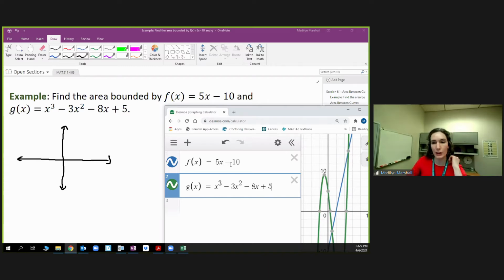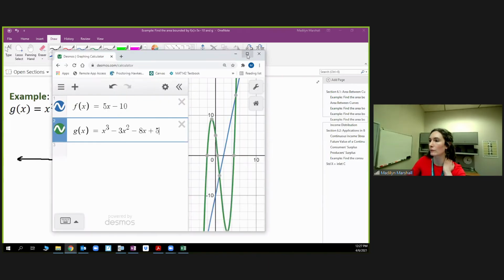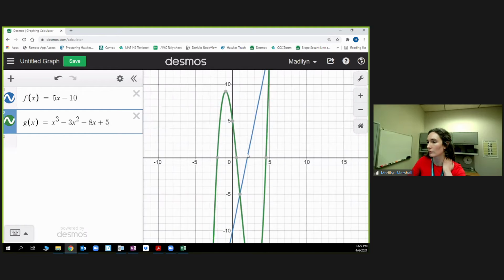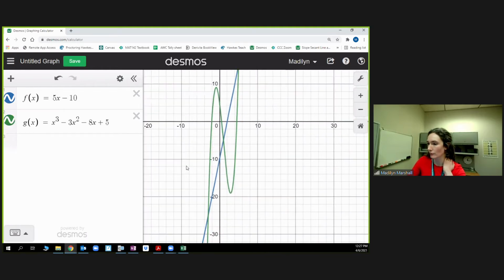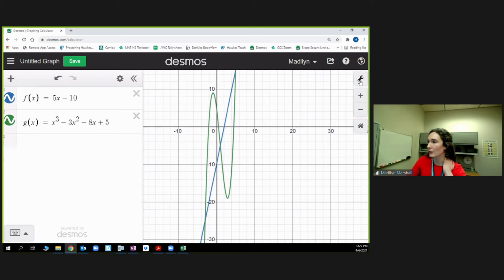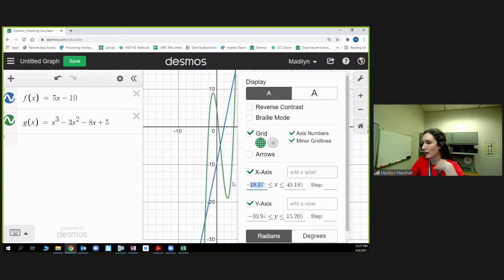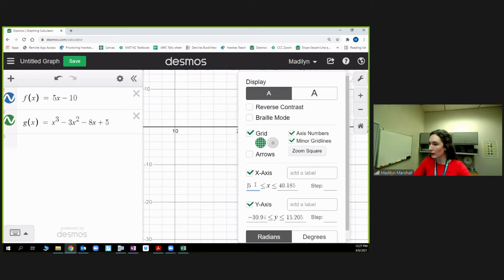Okay, so we have f and g in here. So when I scroll out, I'm actually going to change the x back to something better.